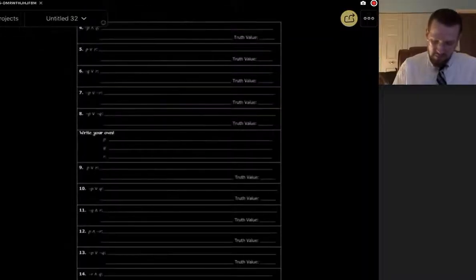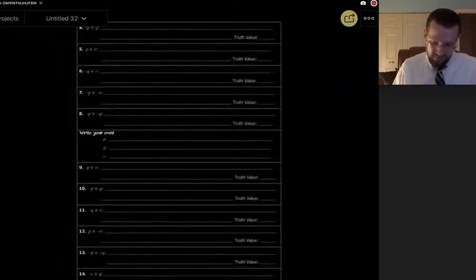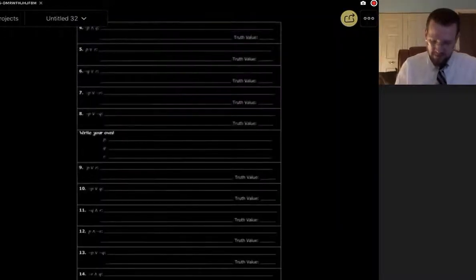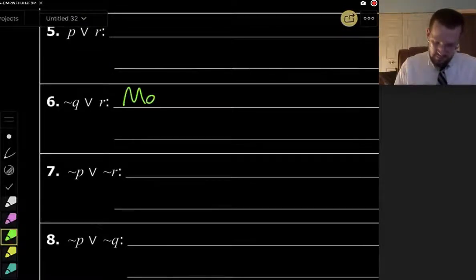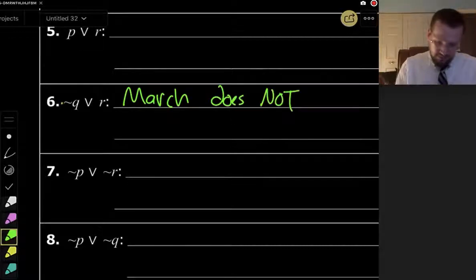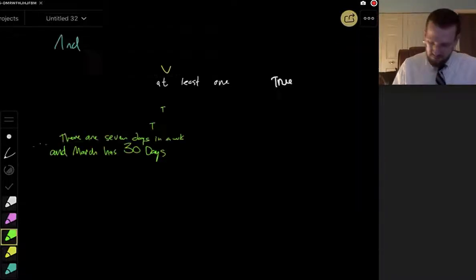Now let's see if we can have an or. Let's do not Q. March does not have 30 days, because this tilde is saying not Q. Or, what was the or?